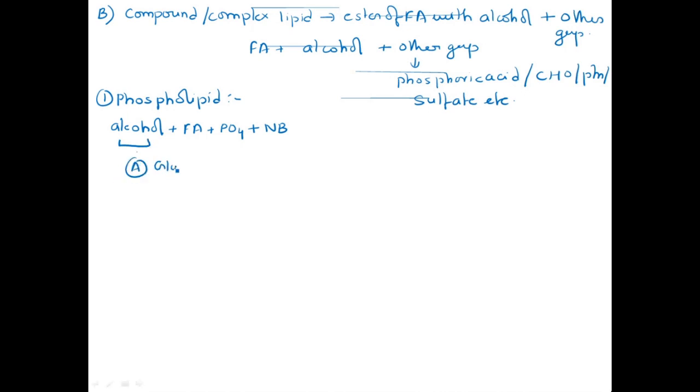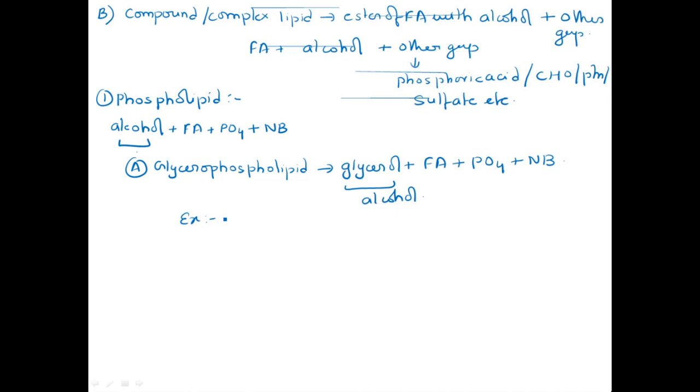First one is glycerophospholipid. In this, the alcohol group is glycerol. It will combine with fatty acid plus phosphoric acid along with nitrogenous base. So here alcohol is glycerol.